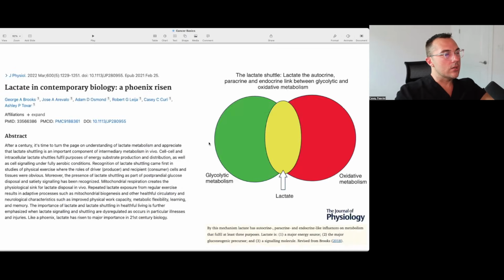Now, the assumption that I made is that you knew, and some of you may know this, that in biology it was kind of assumed that it was either one or the other. Either you were making energy through oxidative phosphorylation and all of the pyruvate was going to oxidative metabolism, or it was going to be lactate formed in the absence of oxygen or functional mitochondria, and there was no gray area.